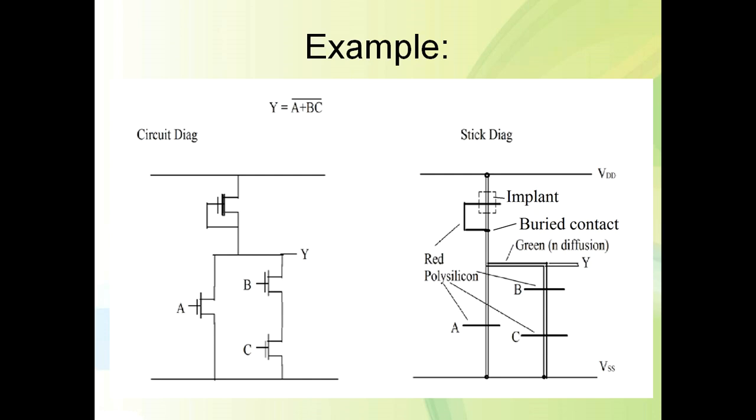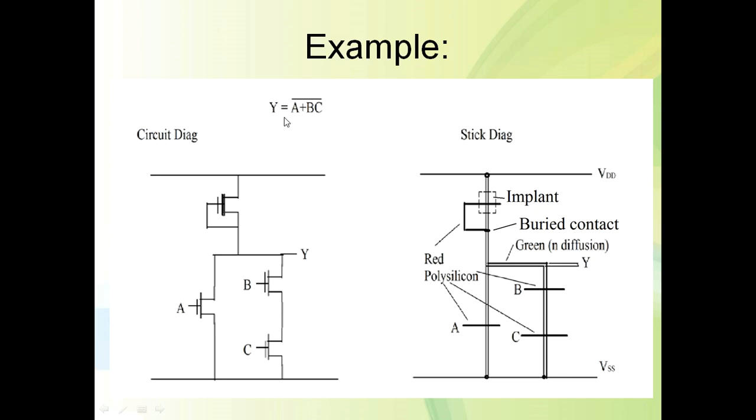Addition is there, so you can make the two transistors, these two lines will be the parallel lines, and whenever there will be product, these two transistors must be in series.